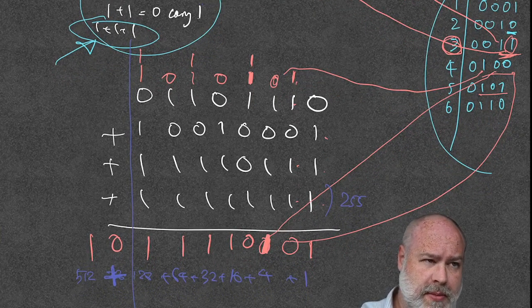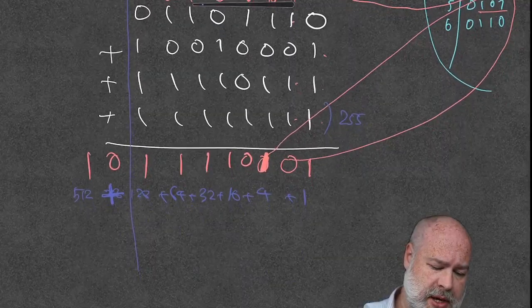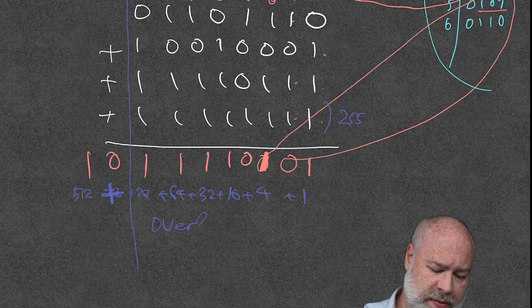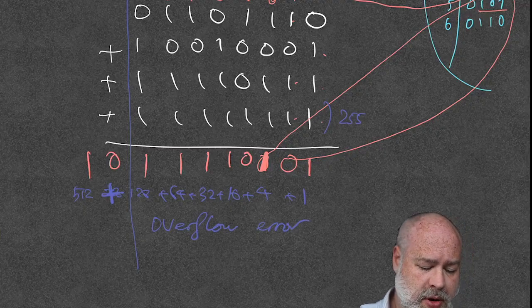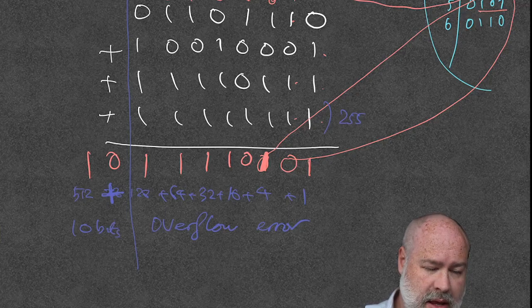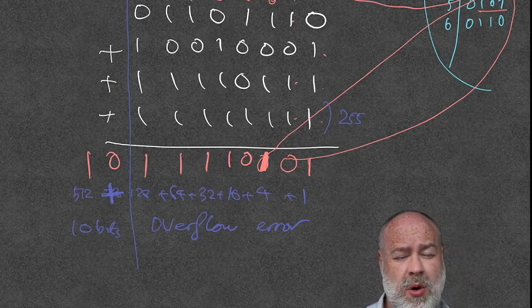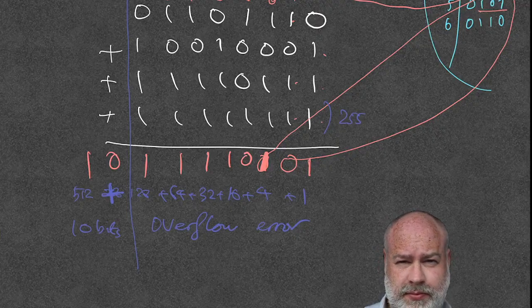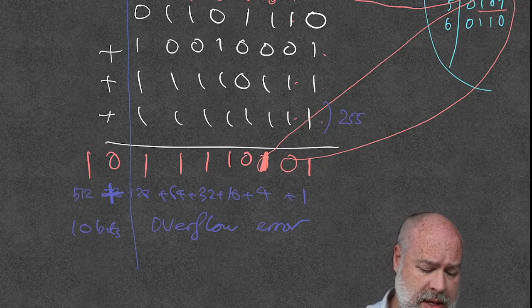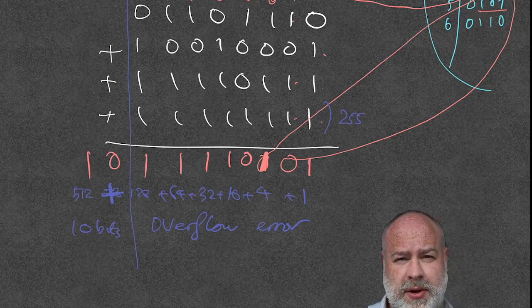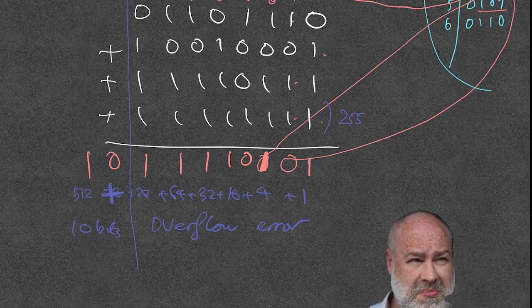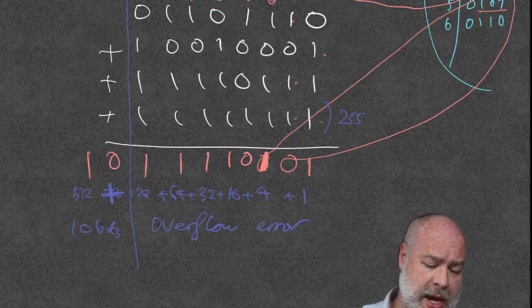So in this particular scenario, I'm going to get something called an overflow error, because I need 10 bits. I actually need 10 bits to store the result of that addition. The sum of those 4 binary numbers, the positive numbers, will not fit in 8. I get an overflow error.